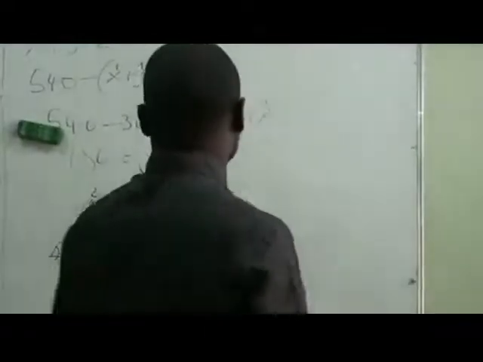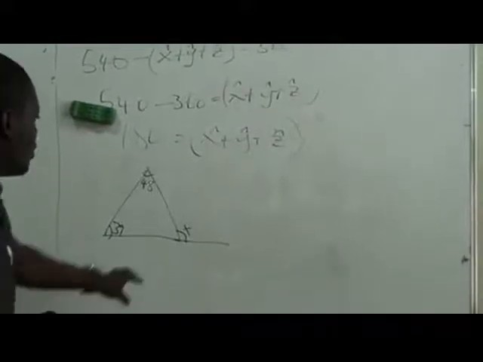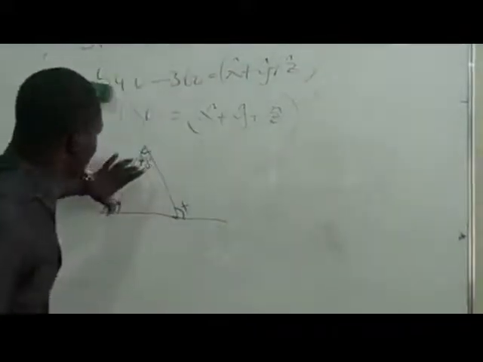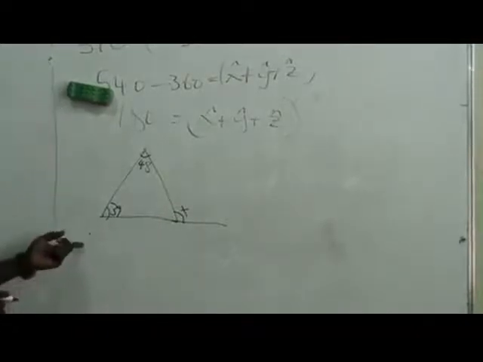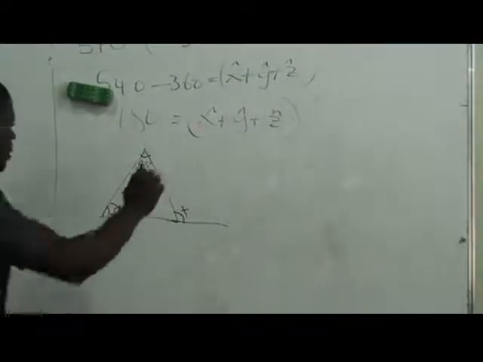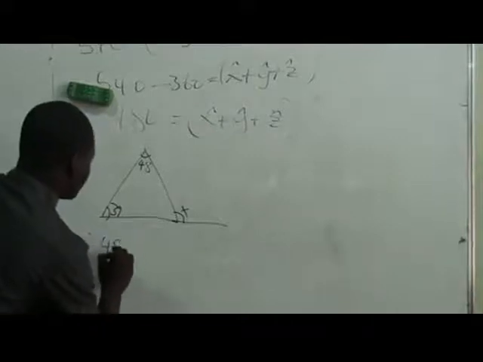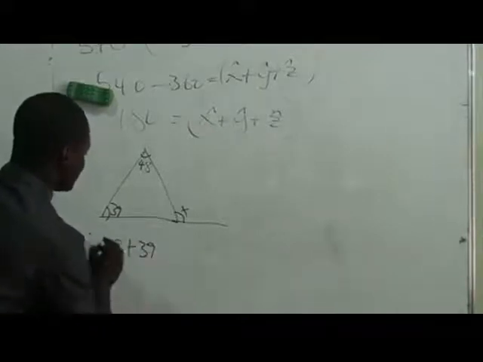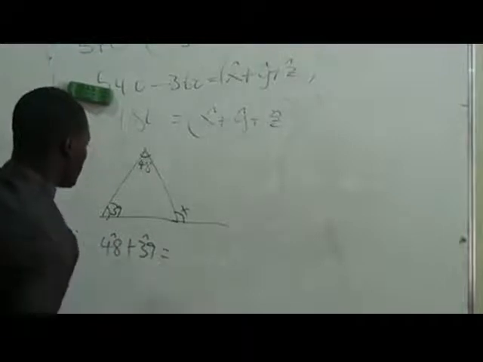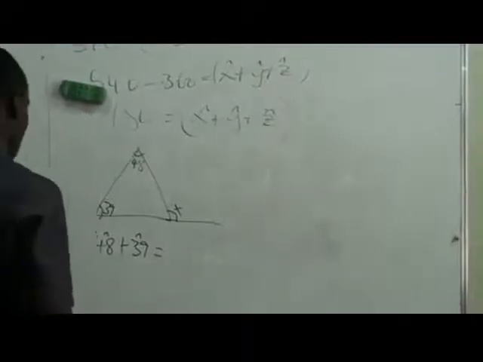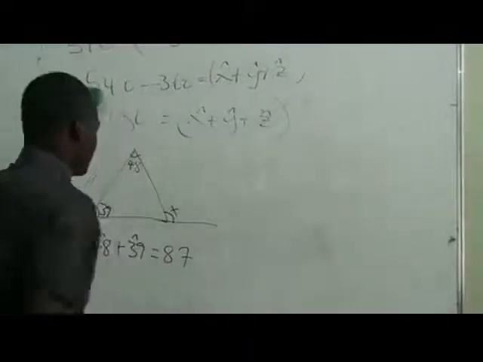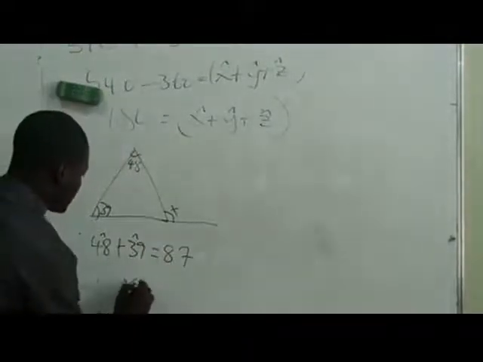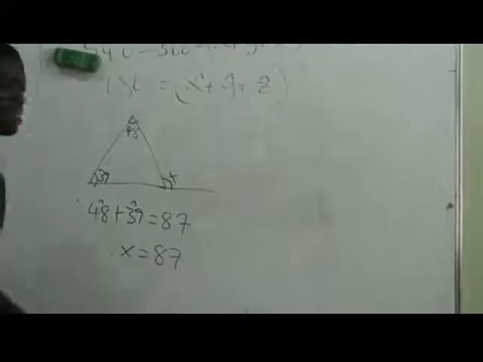You recall that the exterior angle of a triangle is equal to the sum of the two opposite interior angles. Such that 48 plus 39 is equal to 87. Therefore, x is equal to 87.